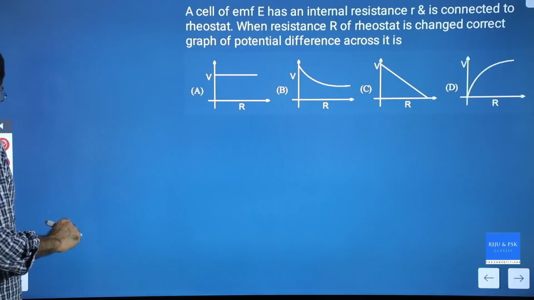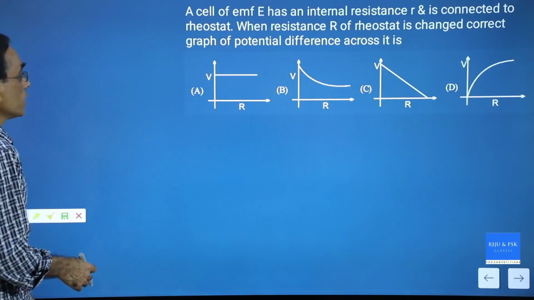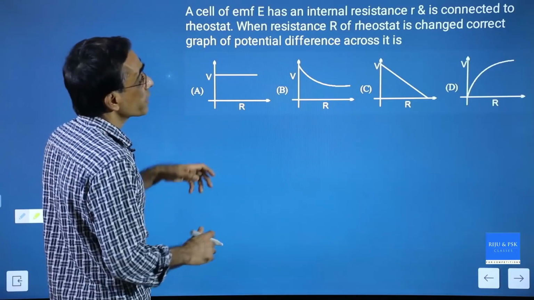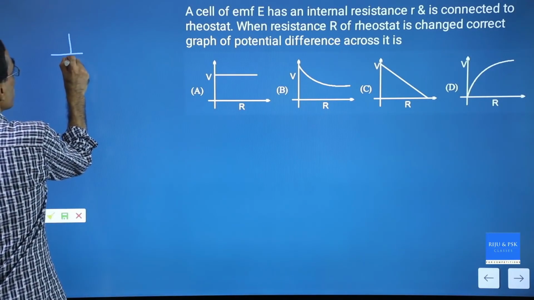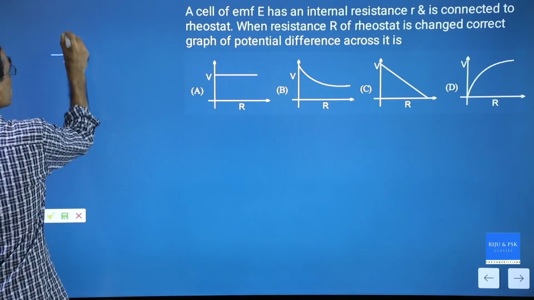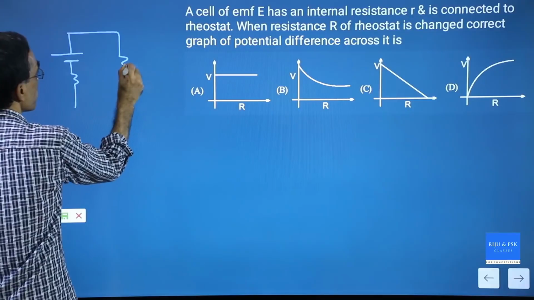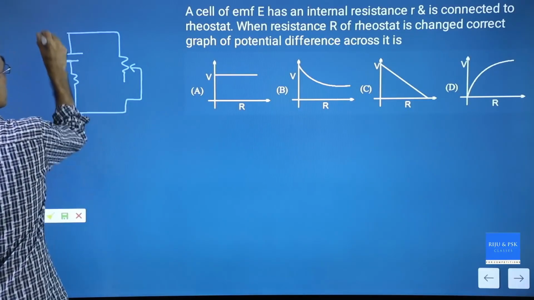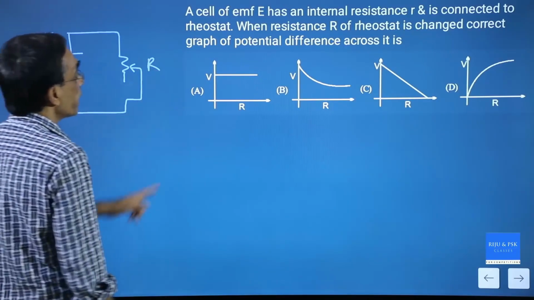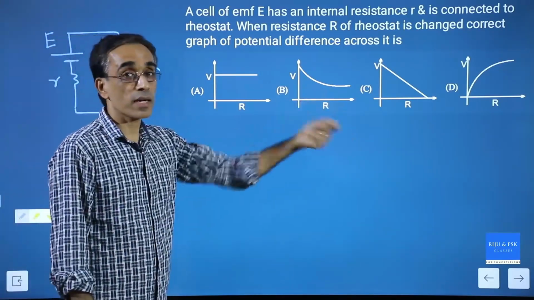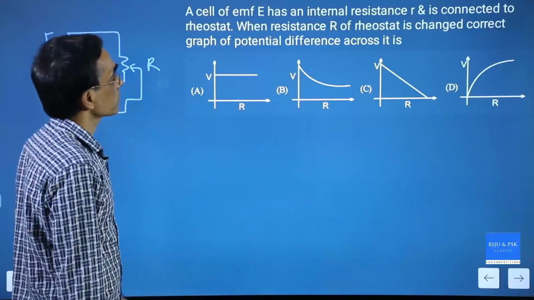Direct. You have a cell with internal resistance r connected to an external resistance, a rheostat. This is E, this is r, and this is the external R. External R is varied.